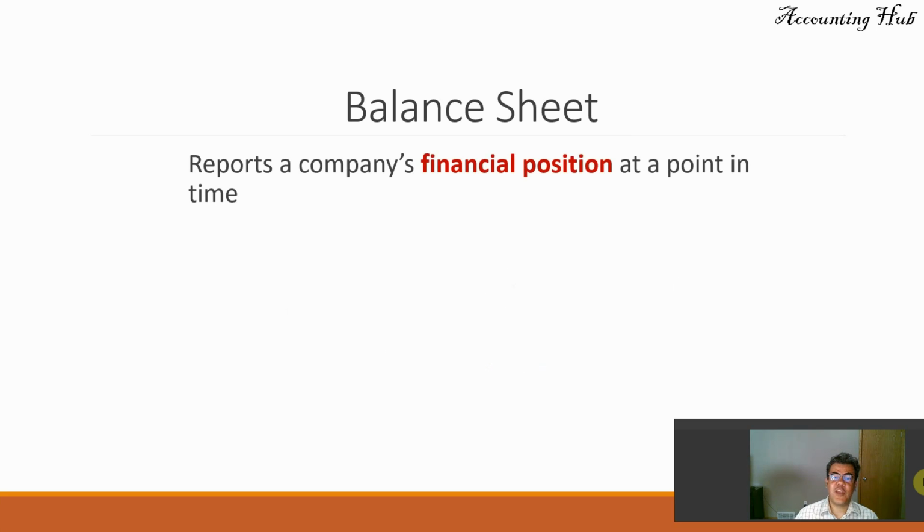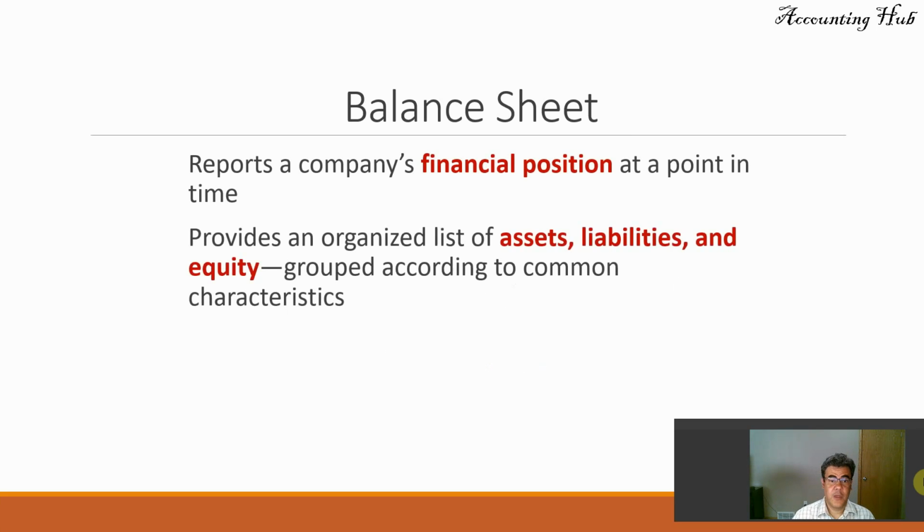The balance sheet reports a company's financial position at a point in time. It provides an organized list of assets, liabilities, and equity, grouped according to common characteristics. So if we go back to our accounting equation, assets equal liabilities plus stockholders' equity, or owner's equity, or shareholders' equity, whatever.